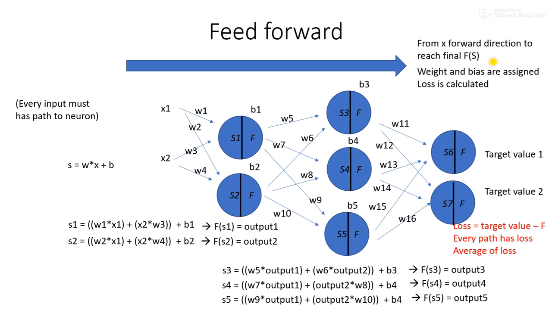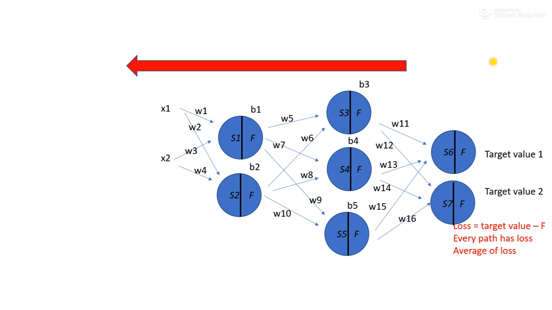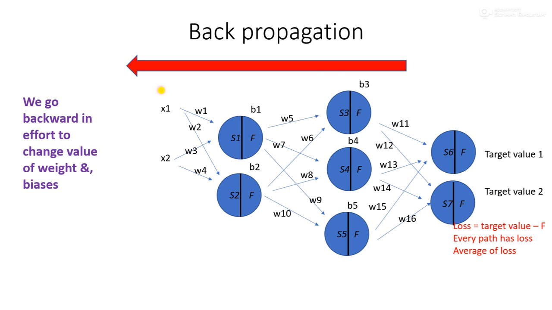All right, let's look at the next slide. So now we have done feed forward, isn't it? Now you have to move backward. After you get the loss, you need to move backward, which we call back propagation. When moving back, it is called back propagation.